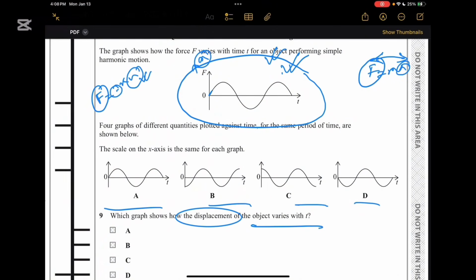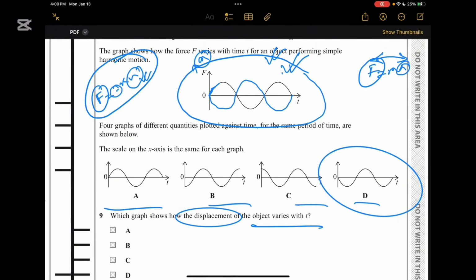It is starting from here and going like this. The graph will be like this. So basically D is our correct answer. According to F is equal to minus kx, the displacement is the negative of the force. So this graph will be a negative sine graph. So our correct answer will be D.